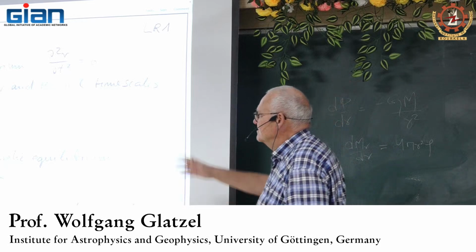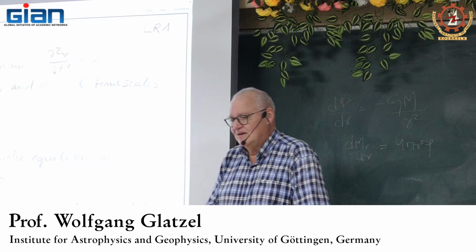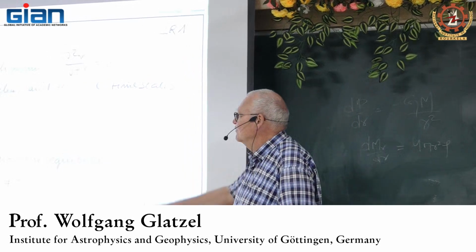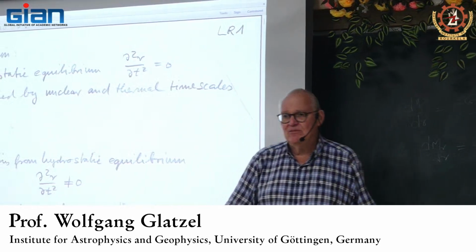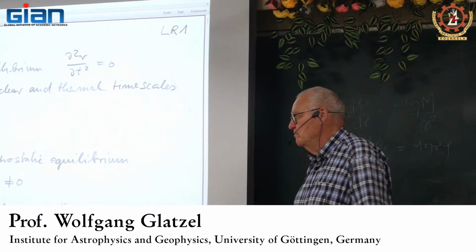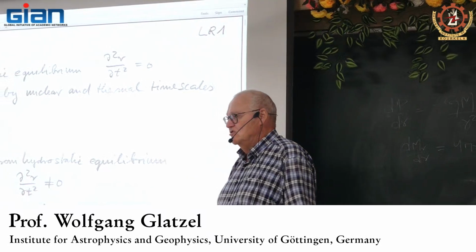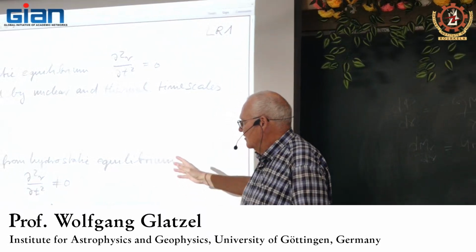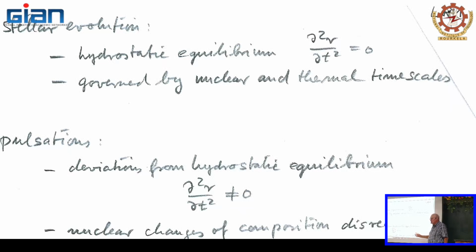Well, the difference between stellar evolution and the pulsations is that for stellar evolution, we assume hydrostatic equilibrium, acceleration is zero, and for the pulsations, we assume the opposite. The pulsations are characterized by deviations from hydrostatic equilibrium. We have a finite acceleration then.